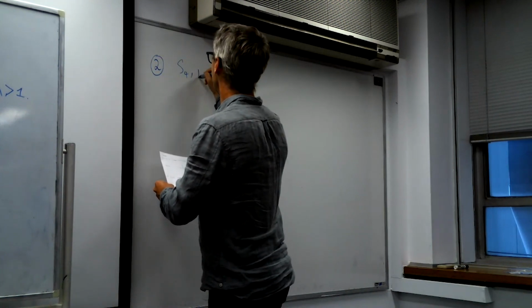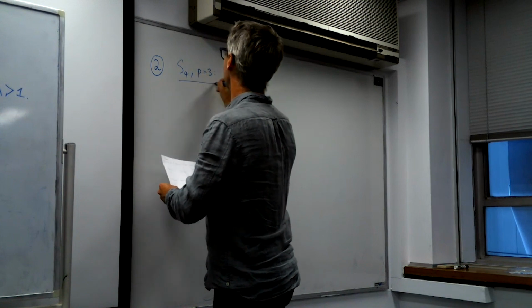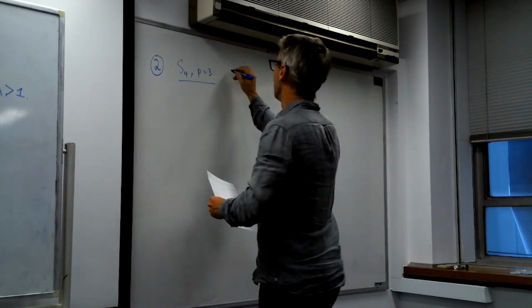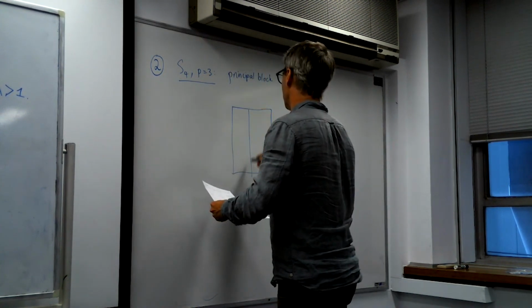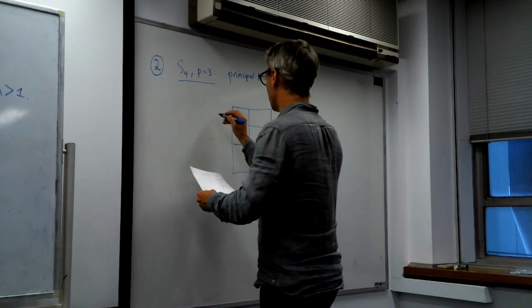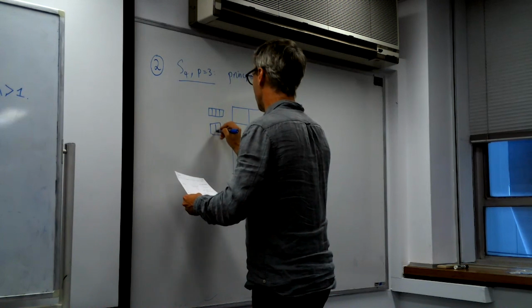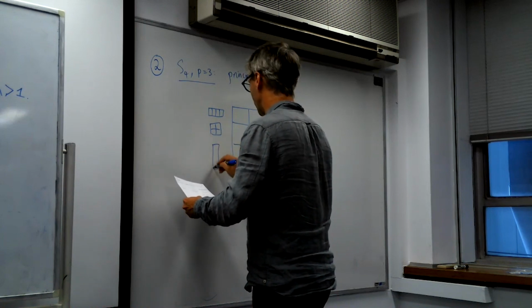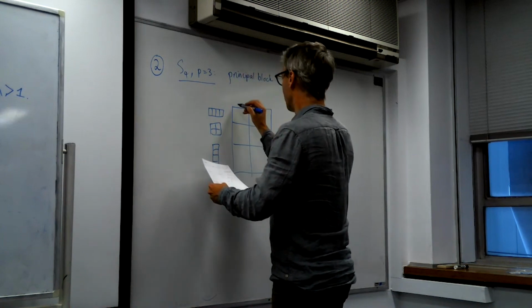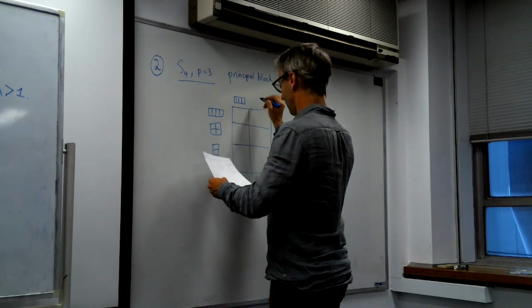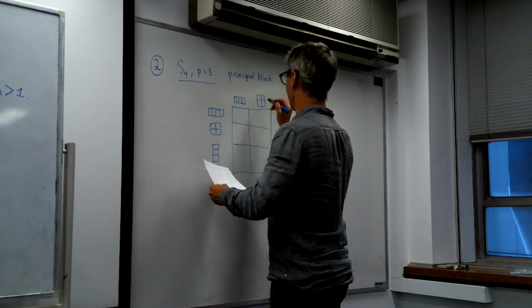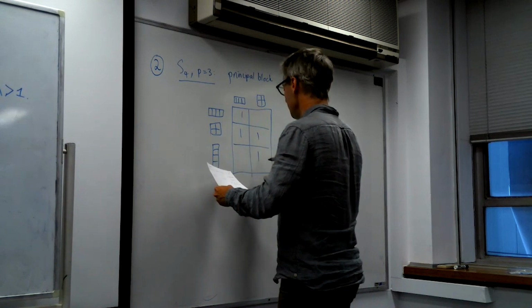S4, p equals 3. We get the following decomposition matrix. There's a strong chance that I'm going to switch to French notation for partitions once we start doing the symmetric group, but I haven't done it yet. 1, 1, 1, 1.